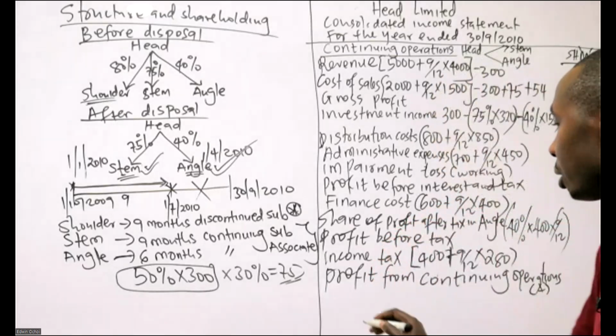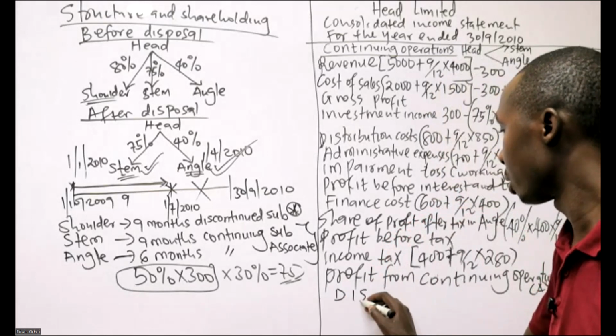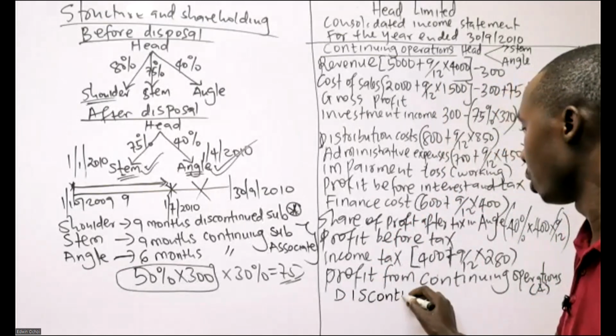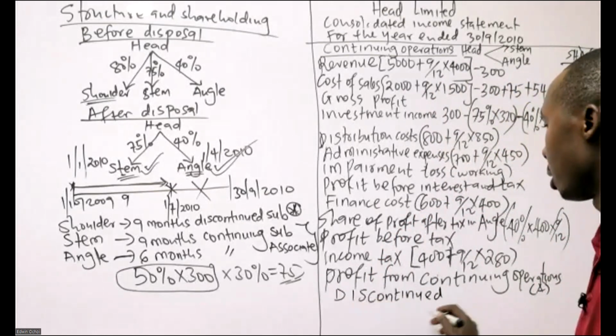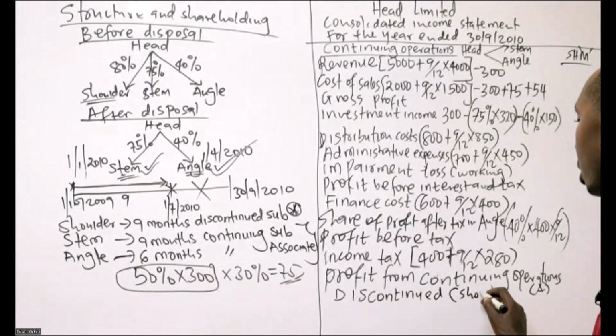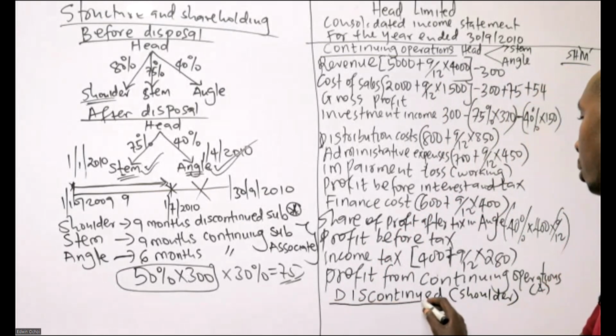Then we continue with the discontinued operations. It's a continuation. So it's another income statement, but they are prepared concurrently. Now here I will be considering shoulder, only shoulder.